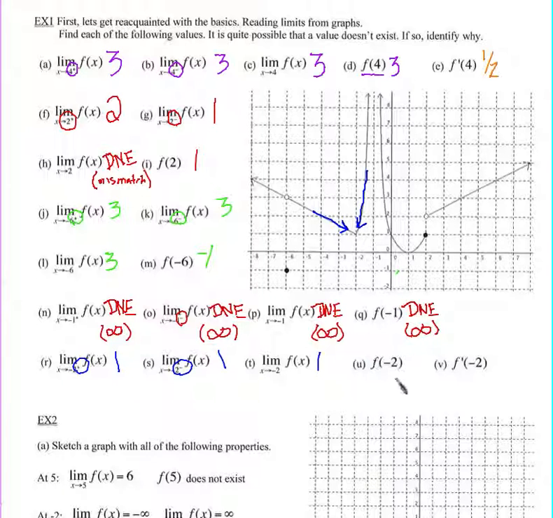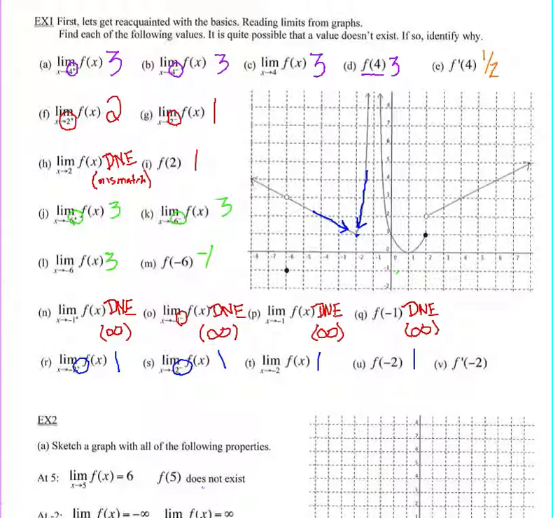The value of the function at negative 2, there is a value, it's right there. It is 1. And then this last one we need to take a little bit of time to think about. So what I need to do is I need to find the slope of this function at this point. So I need to draw the tangent.